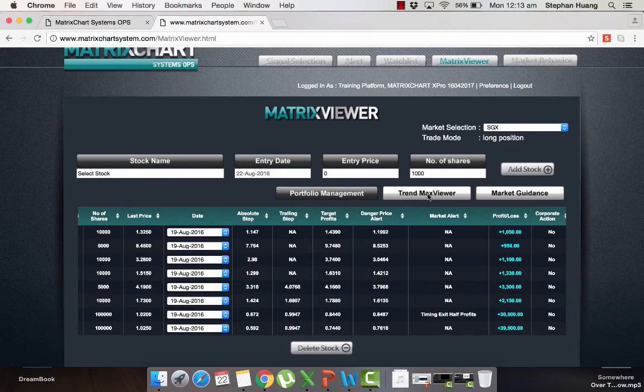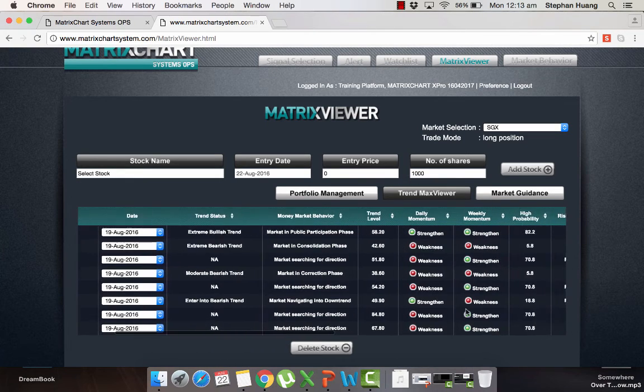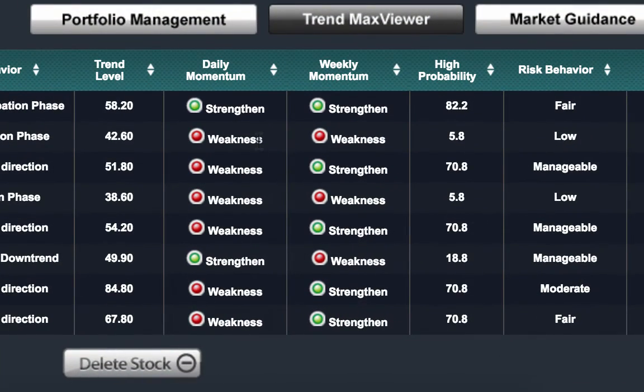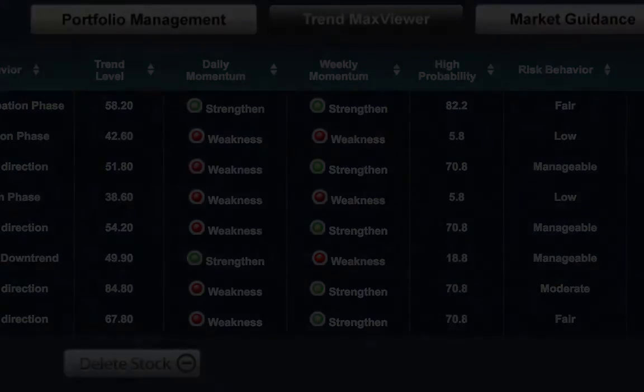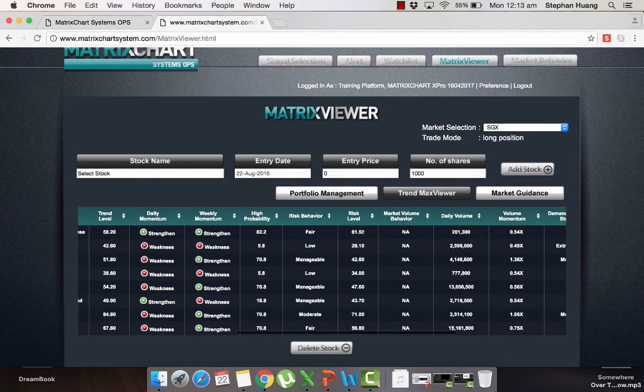Okay, next I go to the Trend Max Viewer. In the Trend Max Viewer, I look for a few things as well. I look at the trend status, I look at the money market behavior really quickly, and then as an investor I go over the weekly momentum. Okay, the daily momentum is important as well. Remember, the daily momentum talks about the week ahead, but the weekly momentum talks about the month. So as an investor, I really look out for this. And I also look at risk.